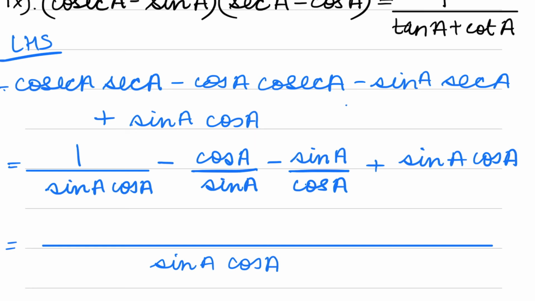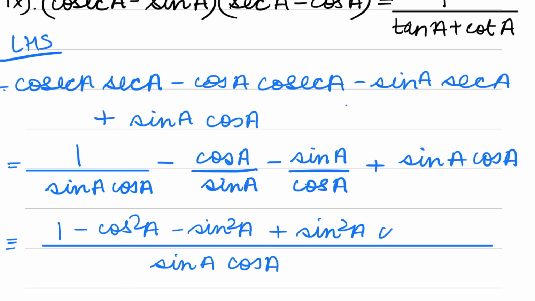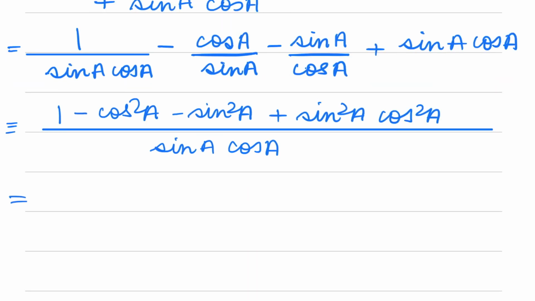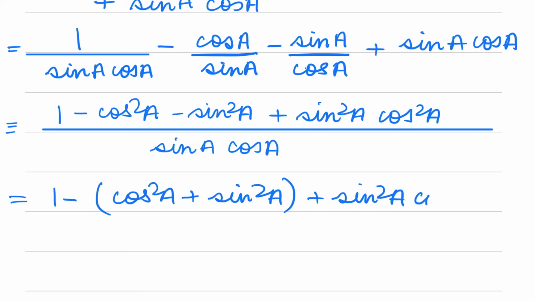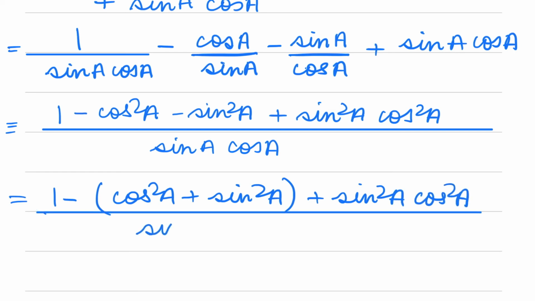So in the numerator I have 1 minus cos square a minus sin square a plus sin square a cos square a. This is equal to 1 minus, I can take common, and I can write this as cos square a plus sin square a, and plus sin square a cos square a, divided by sin a cos a.